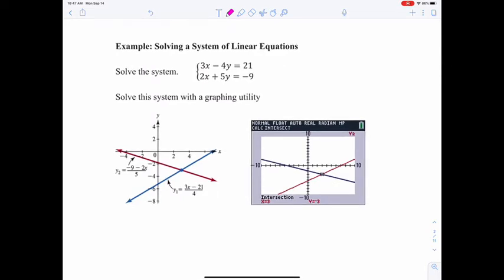Here's just another example of what we just talked about. So solve the system of equations. What you would do if you're going to put these both into your calculators, you would solve each one individually for y. In other words, get y by itself algebraically, and you'll see there's the two solved for y.